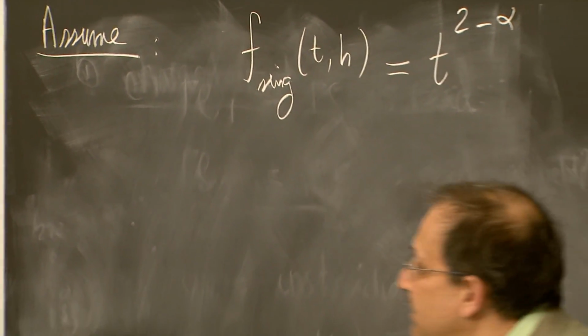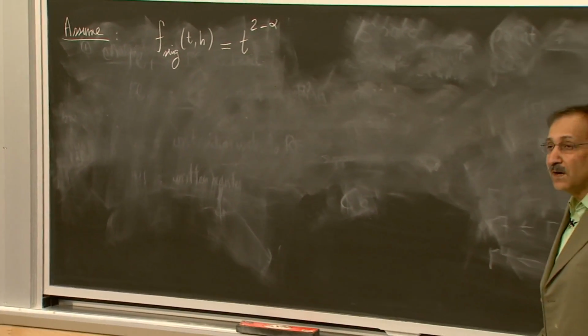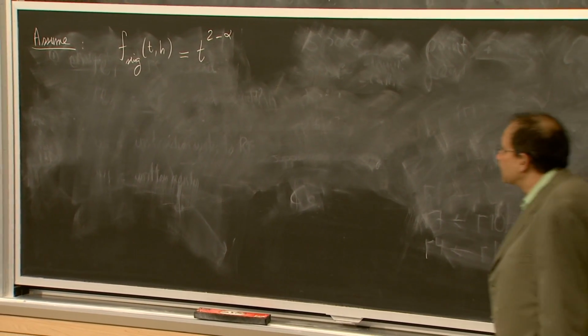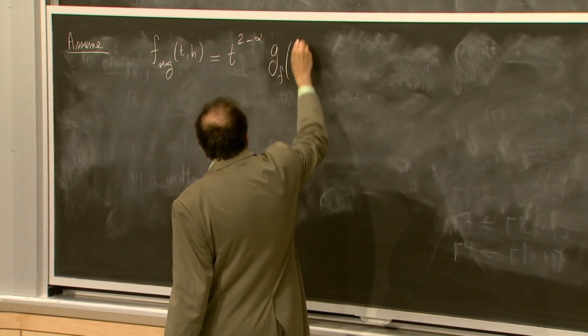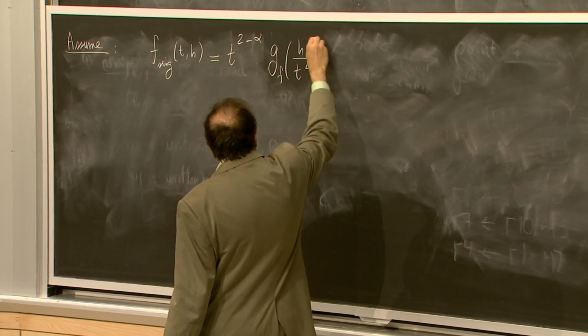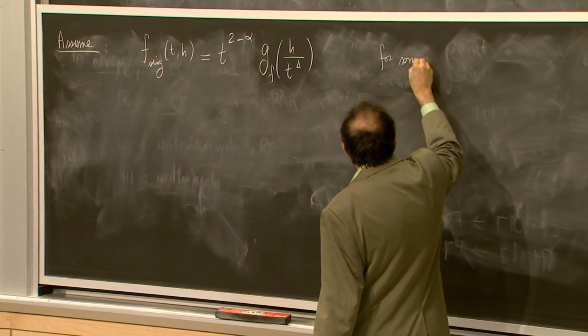So rather than putting 2t squared, I write t to the 2 minus alpha, for reasons that will become apparent shortly, and some function of h over t to the delta, and for some alpha and delta.